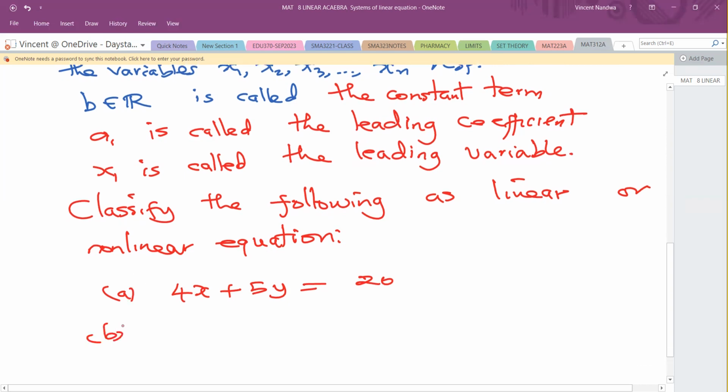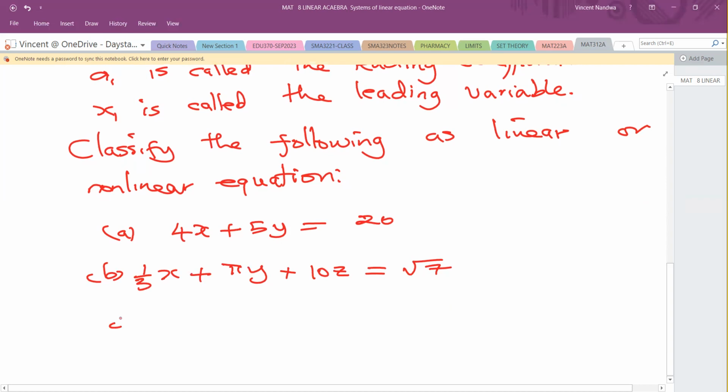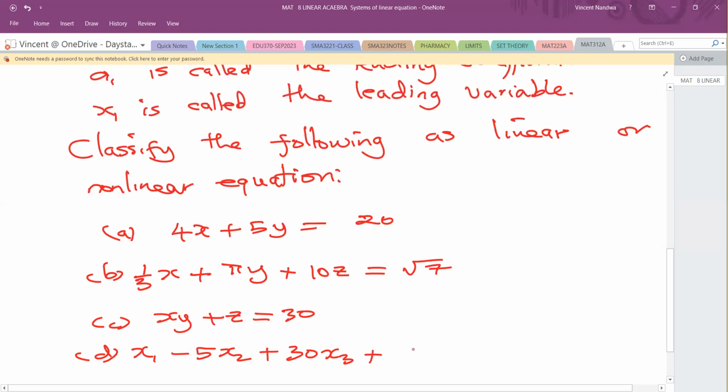B: a third x plus 5y plus 10z equals root 7. C: xy plus z equals 30. D: x1 minus 5x2 plus 30x3 plus 5x4 equals 0.